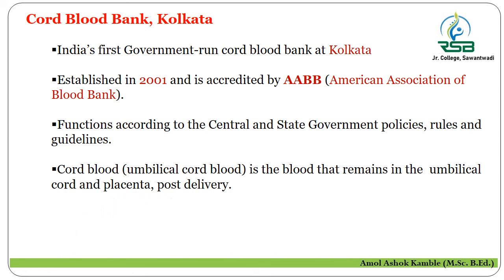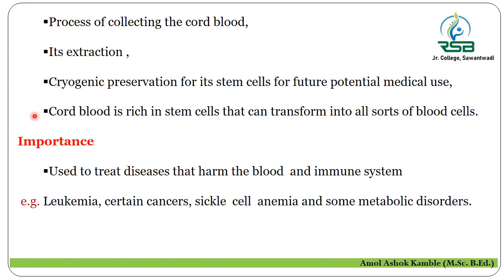The cord blood is collected, its extraction is possible, and after the extraction of that cord blood, it is preserved by the cryogenic preservation method for obtaining the stem cells for future potential medical uses.